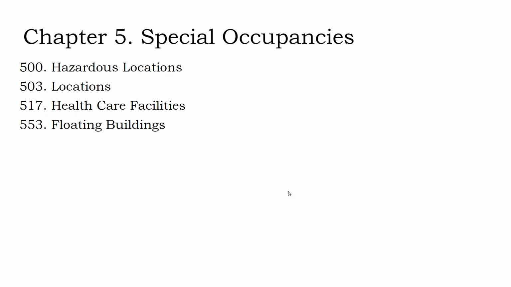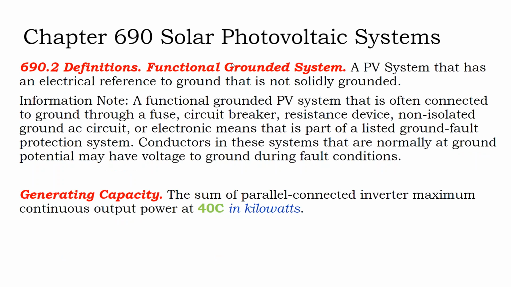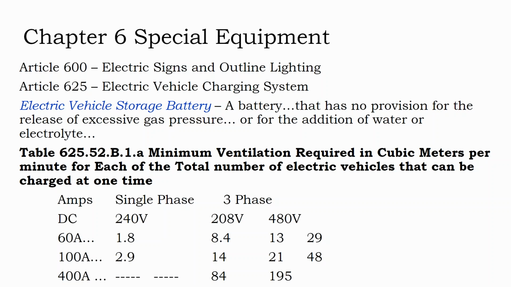So then we get to Chapter 5, which governs special occupancies: healthcare buildings, boat docks, all of these kinds of weird circumstances governed by Section 5. We're not going to get into that in class, but finally what we've made it to is Section 600, for solar.